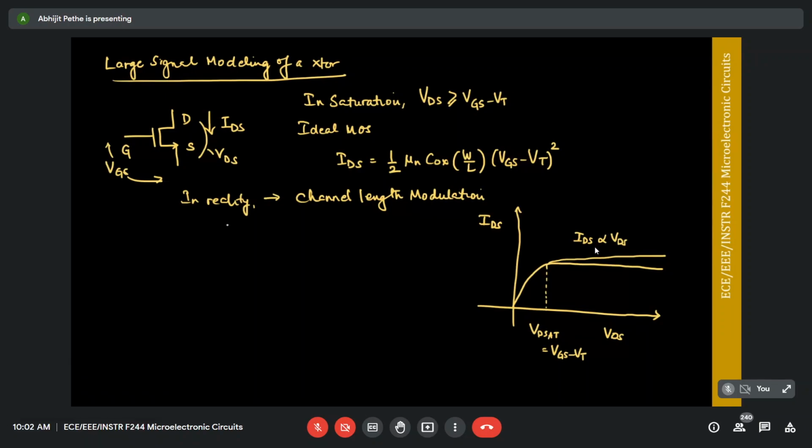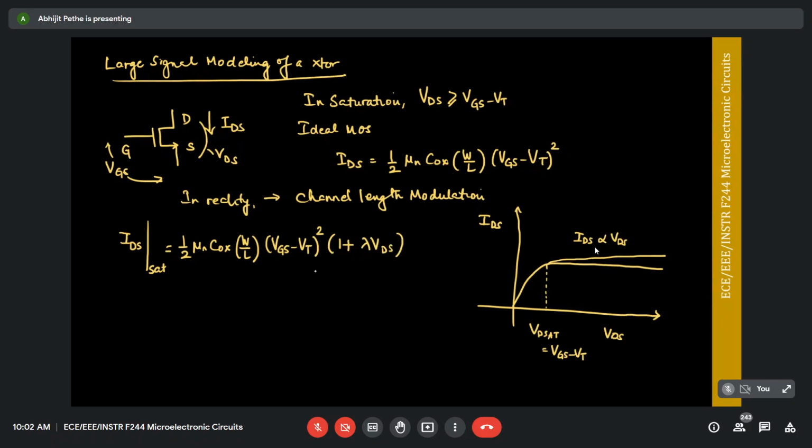And this, as we looked at in ED, is primarily because the effective channel length of the transistor reduces. But for us in this class, what it means is essentially IDS can now be written in saturation as half mu n Cox W by L VGS minus VT the whole squared into 1 plus lambda VDS.